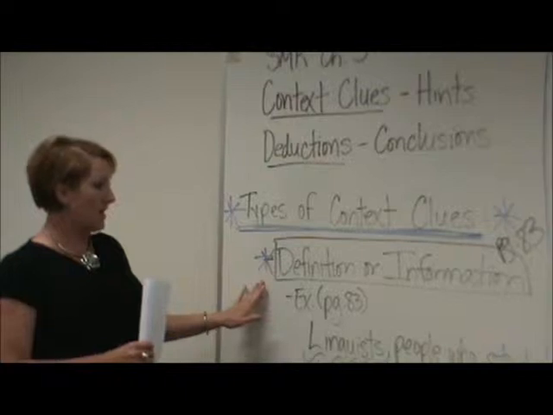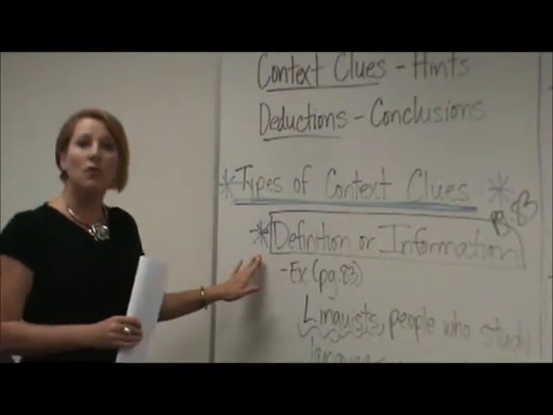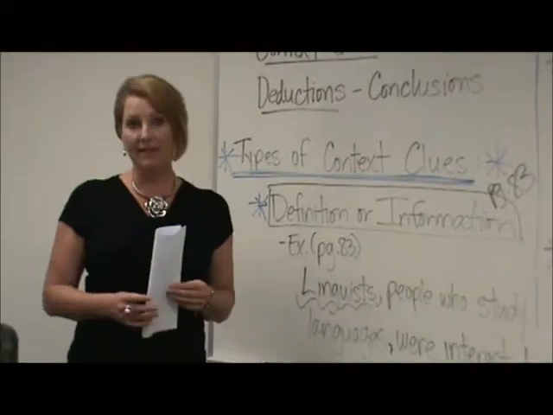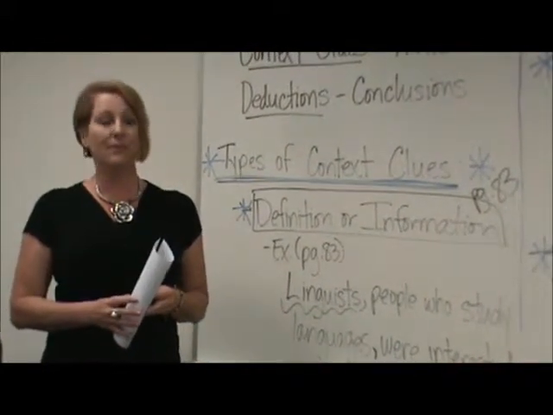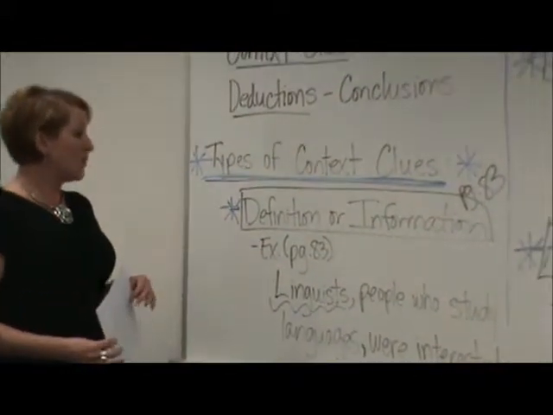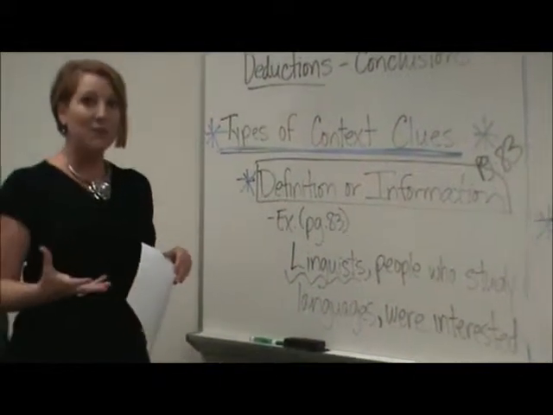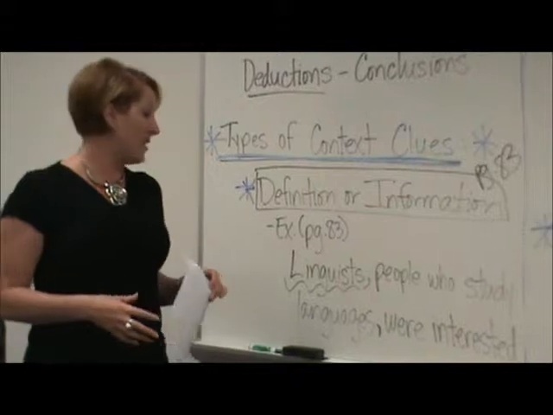The first one is definition or information clue. You will find this one on page 83 in your Solving the Mystery of Reading book. Definition or information clues actually give you the definition of the unknown word.